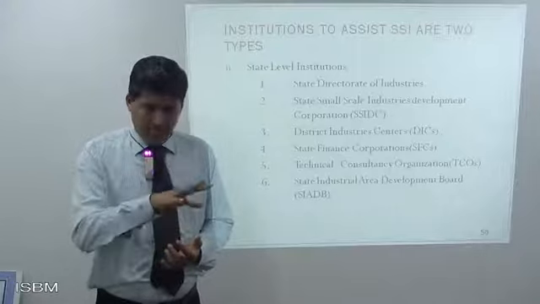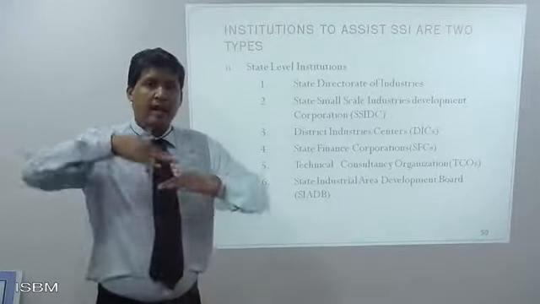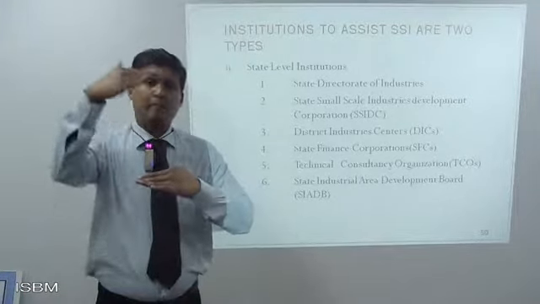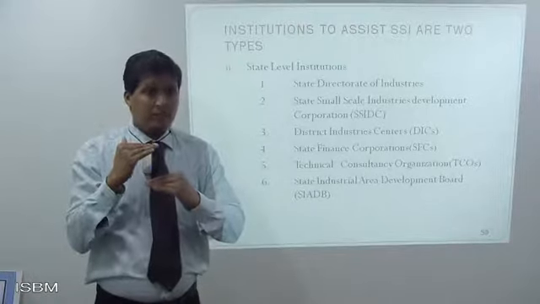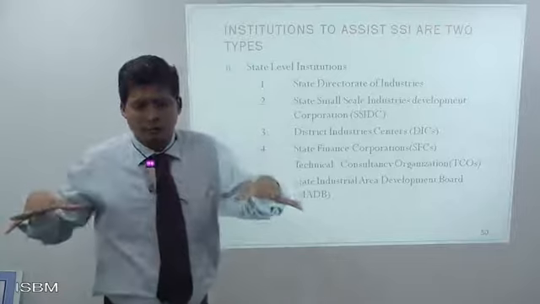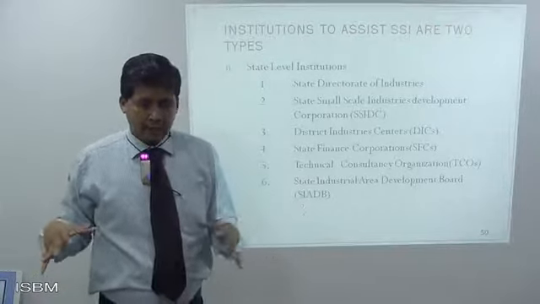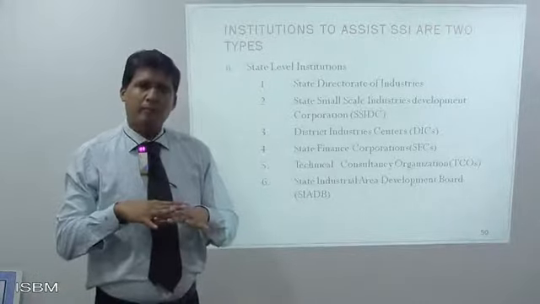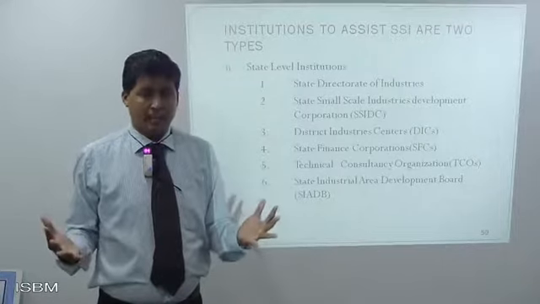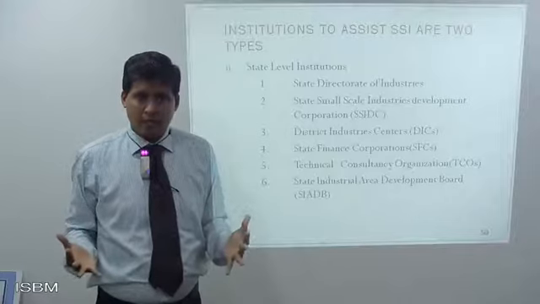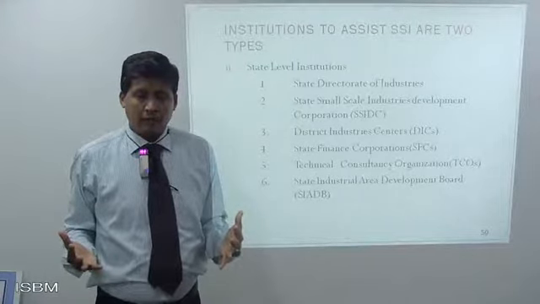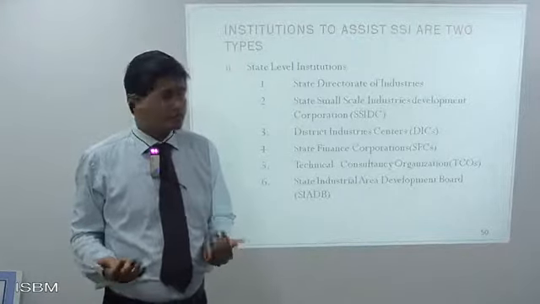So at a higher level we also have central level bodies, which provide institutional support. And central level bodies look at it from a larger perspective and larger purview, in terms of having more diversified things, in terms of the global scenario, in terms of the national philosophy as well.